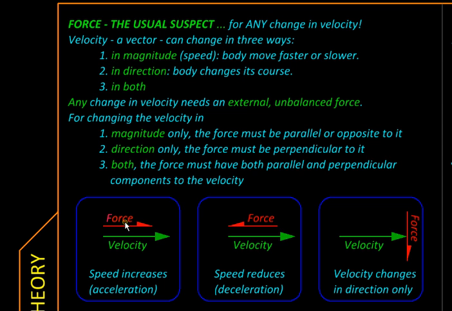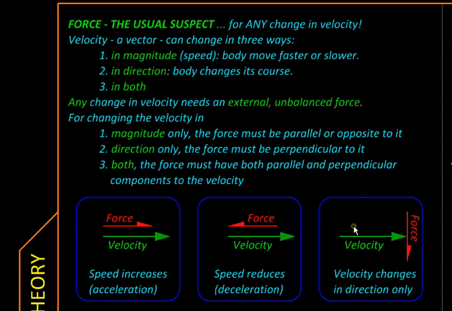Here are the three basic ways in which velocity of a body and the net external force acting on it interact. In the first case, the force is acting in the same direction as the velocity. So the body speeds up. In the second case, the force is acting opposite to the velocity and the body would slow down. And in the third case, the force is neither in the direction of velocity nor opposite to it.